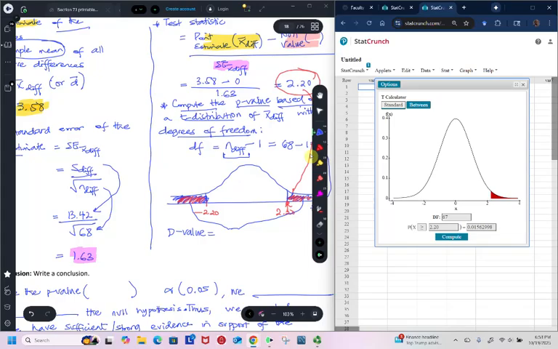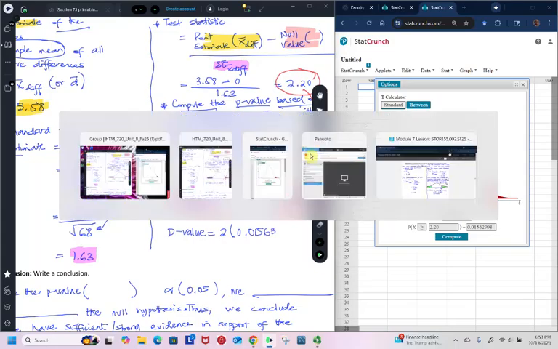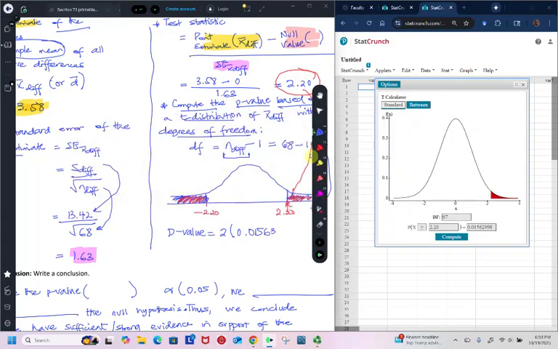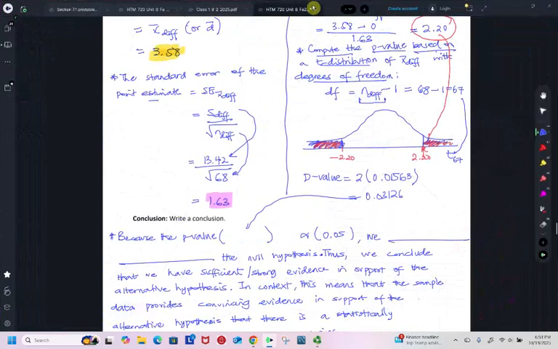So the p-value here equals 2 times 0.01563, and that would be equal to 0.03126 approximately.